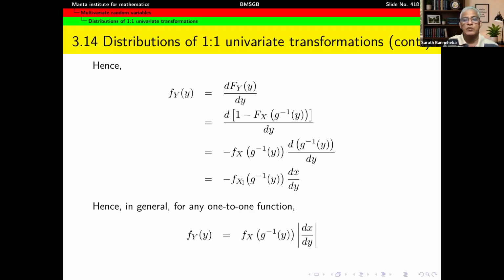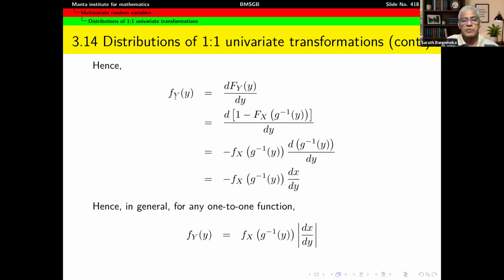So you have negative f_X evaluated at g inverse y, and then this is actually dx over dy. But now remember dx over dy, that is the derivative of x with respect to y, is now negative. So that negative value and this negative become, when you take the product, a positive. So therefore this whole thing becomes positive.